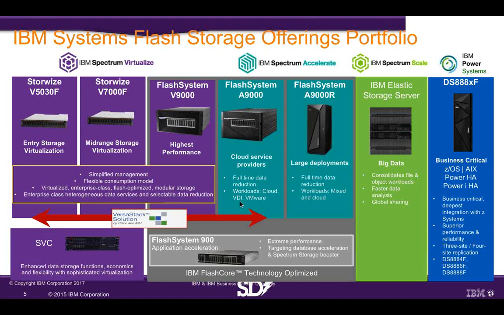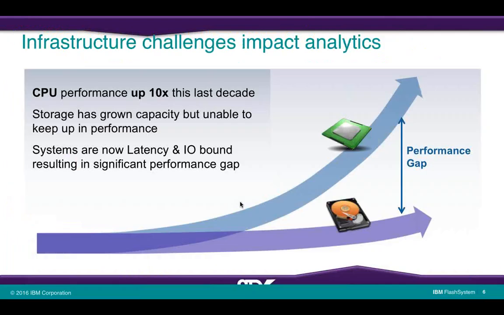I'm going to be concentrating this presentation on the middle 3 of the ways we talk about flash storage, because they are all based on the all-flash array that we acquired from Texas Memory Systems almost 5 years ago now.